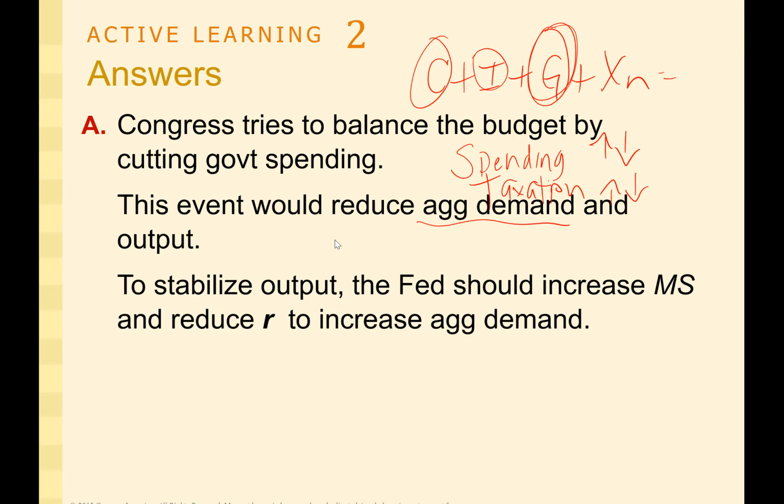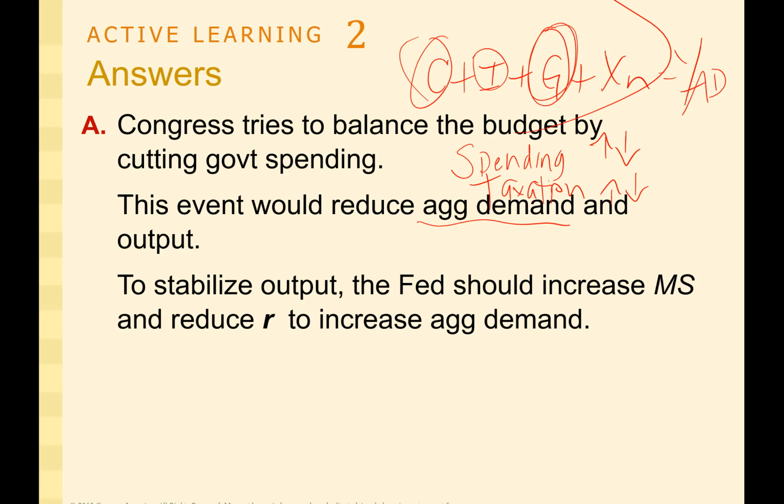So in the case of trying to balance the budget by cutting government spending, we're going to see that cutting government spending is going to reduce aggregate demand and output, right? Because output, this is Y or AD, same thing. To stabilize the output, what should the Federal Reserve do?